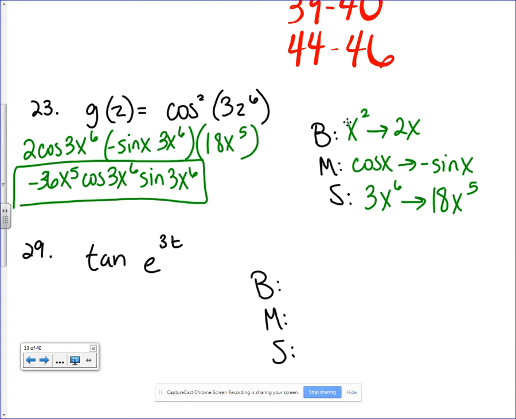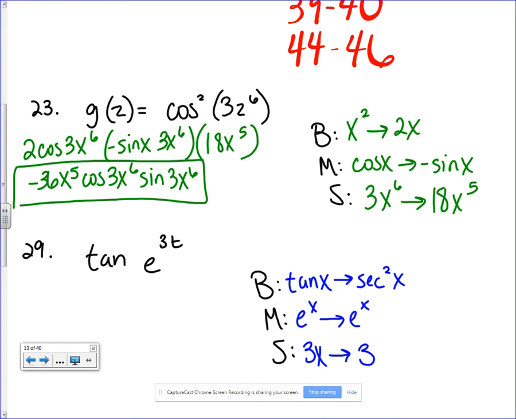My big function is going to be tangent of x. Medium function is going to be e to the x. And the small function is going to be that 3. Again, I inadvertently have turned the t into x.